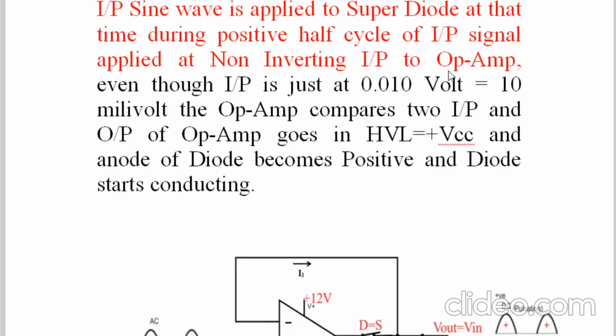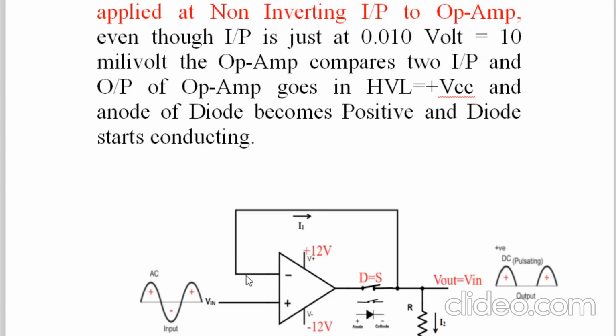So here, even though the input is just at 0.01 volt, equal to 10 millivolt, the op-amp compares the two inputs, the inverting and non-inverting. It was 0 volt, and this is increasing, meaning 10 millivolt. This voltage is greater than that, and the output of the op-amp goes to HVL, that is plus VCC, equal to plus 12 volt.